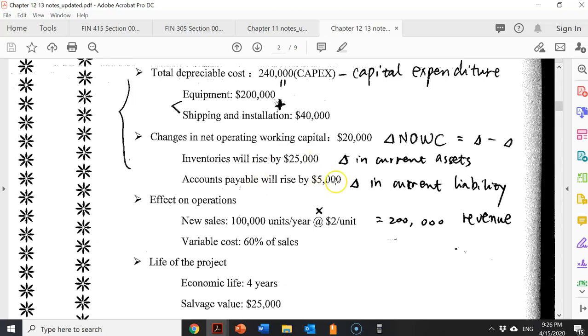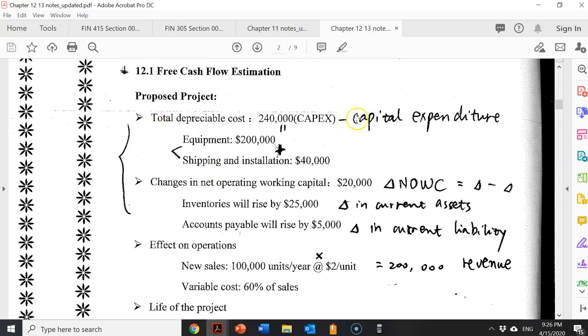So this means we have paid 20,000 for the inventories, and we put 5,000 as accounts payable. So the change in net operating working capital, 20,000, is the difference between the change in current assets and the change in current liabilities, which means we have spent 20,000 in cash to purchase the inventories.